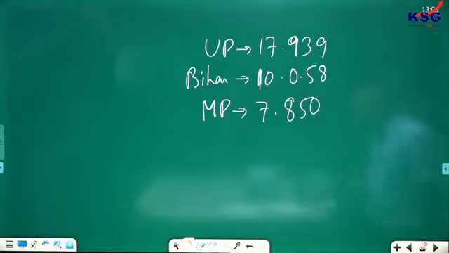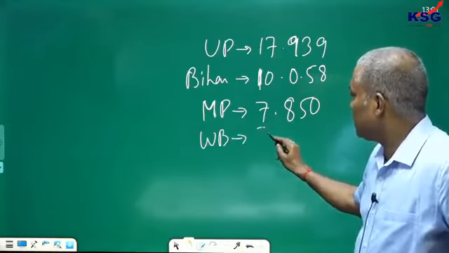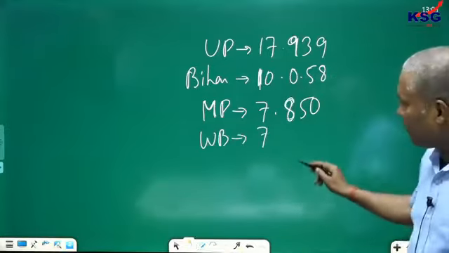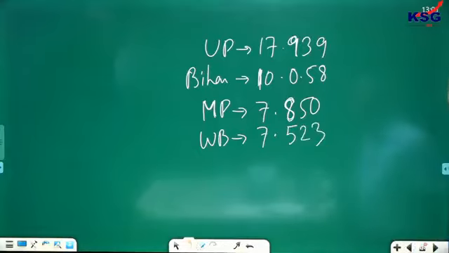Next is West Bengal, which is getting 7.523. So among all these states, only UP and Bihar are in double digits, 17 and 10.